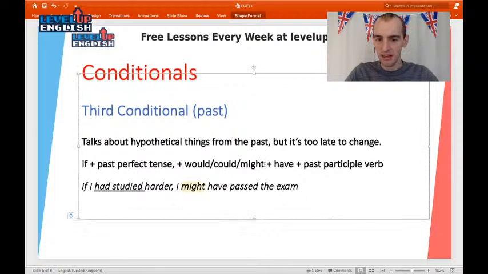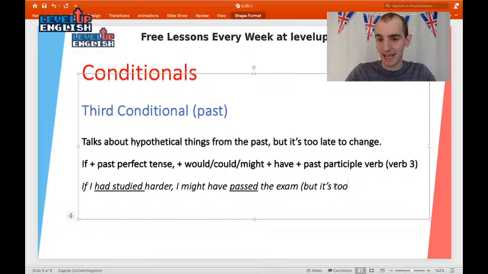So we've got might here. Might means 50%. There's a 50% possibility. Then we have might have, would have, could have. Past is the past participle verb. In other words, that's verb 3. So like eat, ate, eaten. Eaten would be the past participle.